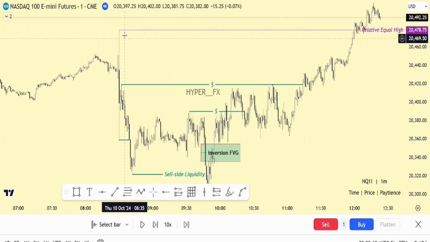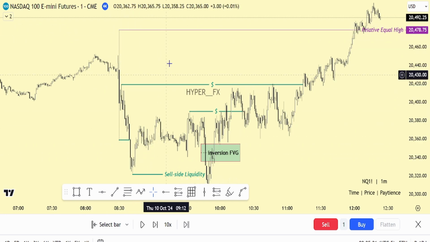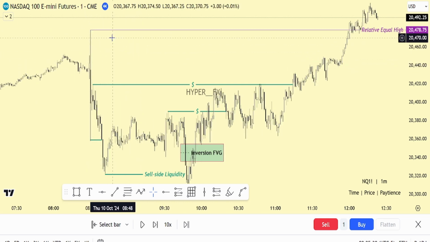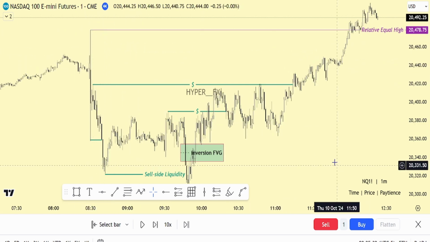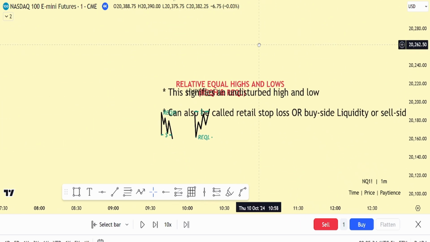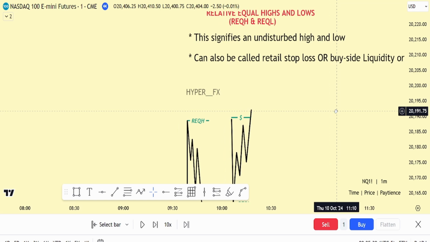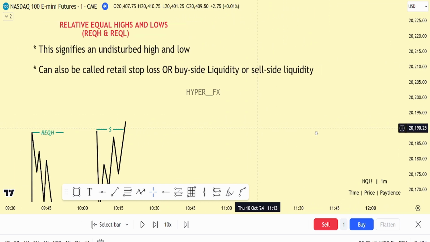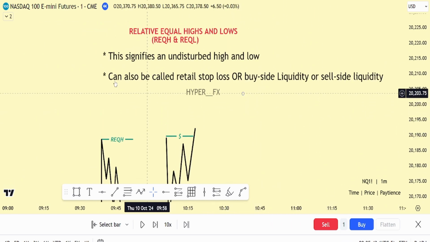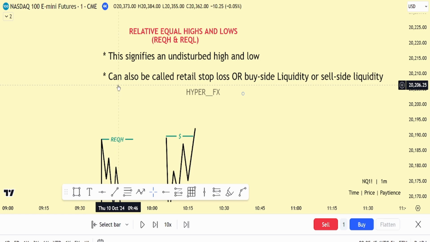All the retail traders that put their stop loss here, those that have been short, have their stop loss taken when price comes to this level in the chart, which brings us to the second way of describing a relative equal high and a relative equal low.